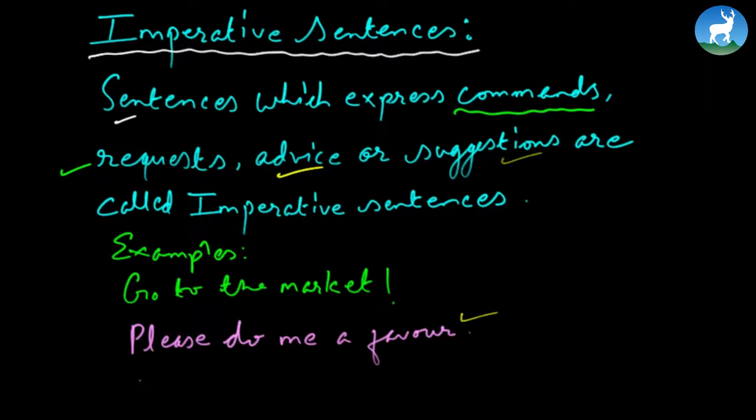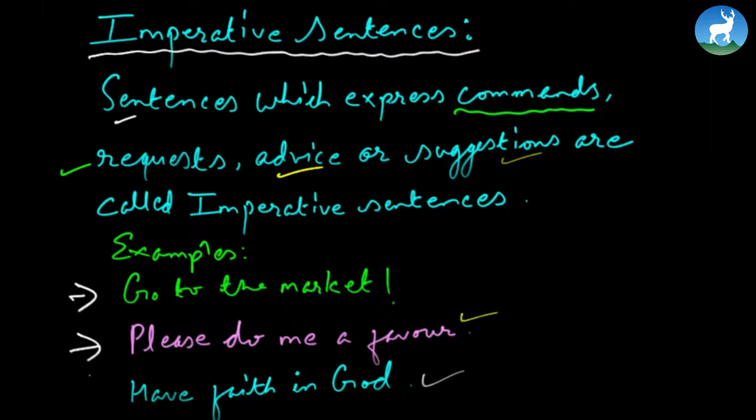Like for instance, have faith in God. So whenever sentences express commands like this, or whenever it expresses requests in any form, or whenever it expresses advice or suggestions, we call it imperative sentences.